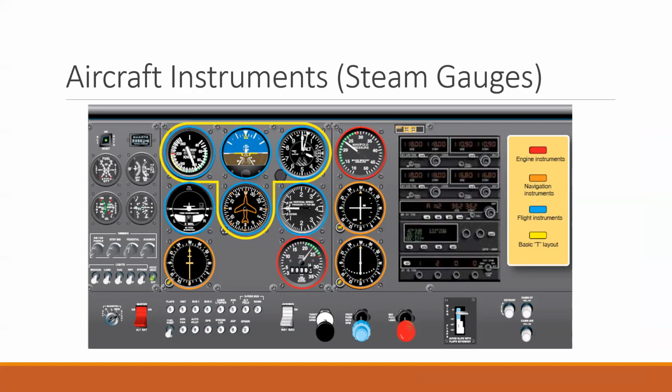So we're going to talk about each of these. We'll start at the top, where this yellow circle is, this top left. This is going to be your airspeed indicator, and obviously that's how fast you're going. This is connected to what we call the pitostatic system. Basically it has a little tube outside the aircraft that air flows into, and it measures the speed.